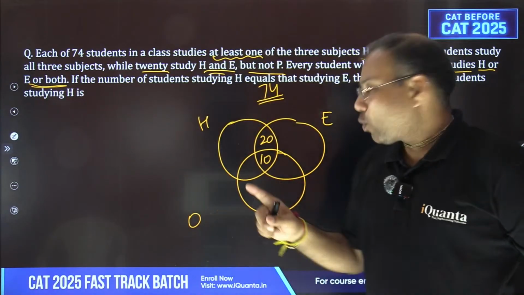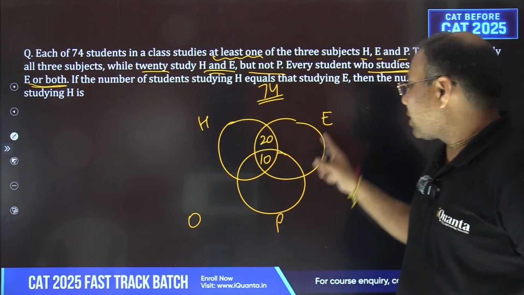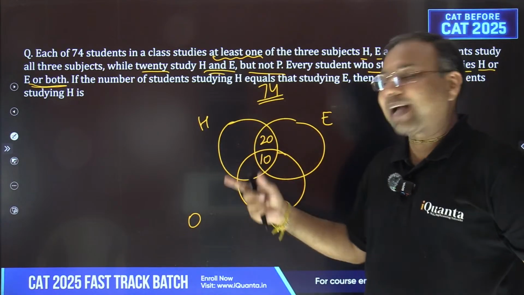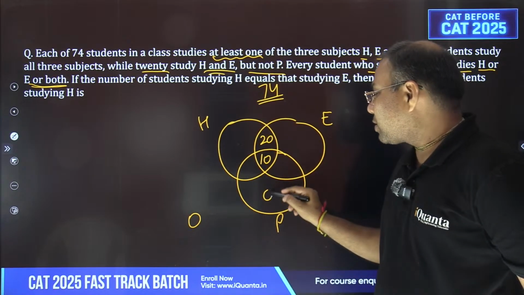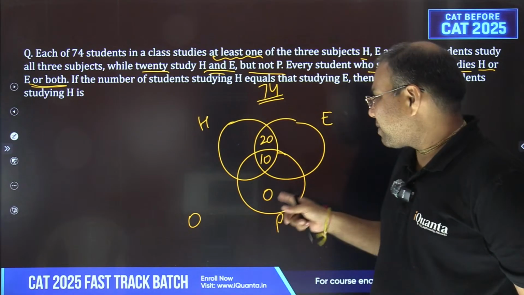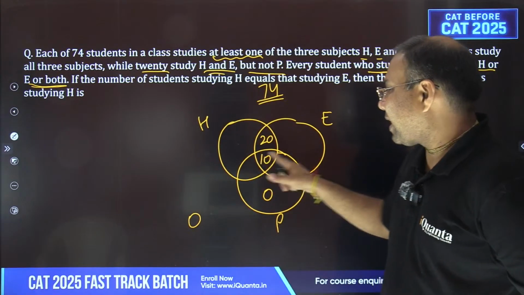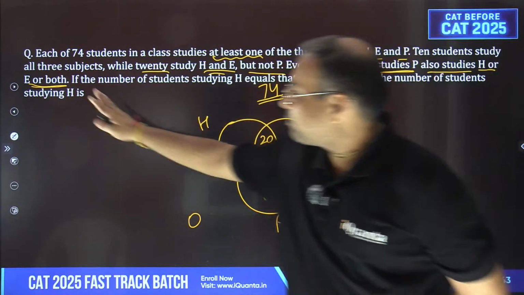That means there is no student who is studying only P. So only P is 0. Whatever is here must be in the overlapping parts. So this is the given information so far.